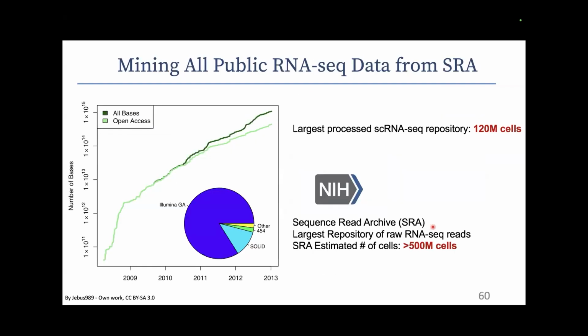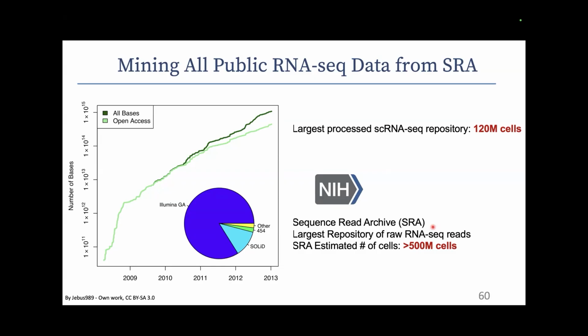The motivation here was that for every paper that is published using single-cell data, you have to submit the raw sequencing reads to SRA. SRA has an enormous amount of data, but it's all raw reads from your sequencer. So we wanted to see, can we go directly into SRA and reprocess all the single-cell data that's in there and essentially create our own very large single-cell data set.